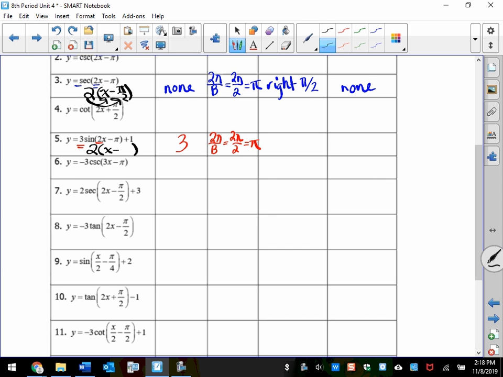So we get 2 times x minus, just like the last problem here, a pi over 2. So that's a shift to the right by pi over 2. So we'll say right pi over 2. And then we do have a vertical shift this time, so we'll just say up by 1. That's this 1 out here on the end. Okay, good. So let's plot that one on the next page.